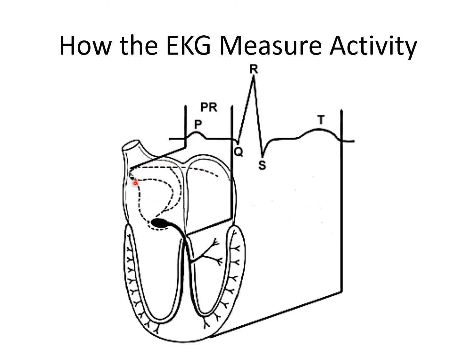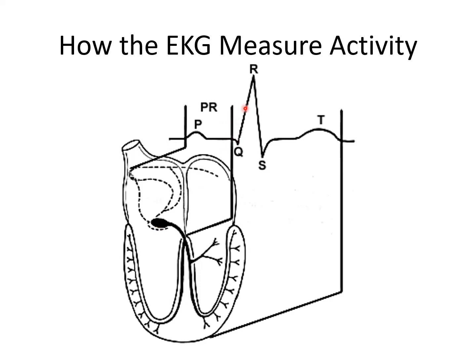Okay, across the atria. She drew a line down from the end of the atria contracting, and this is what this area represents. And so the P wave represents the electrical impulse across the atria to the AV node.